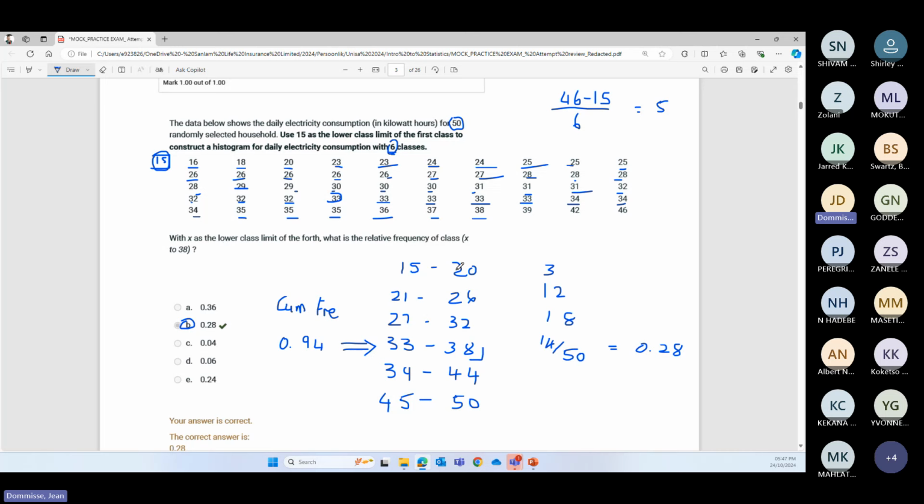So 5 to 20, 21 to 26, 27 to 52, and so forth to get all of those classes.